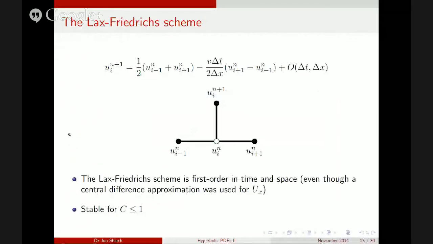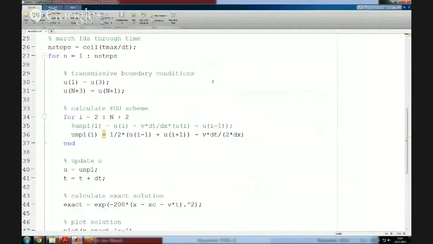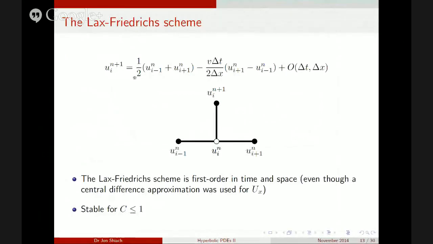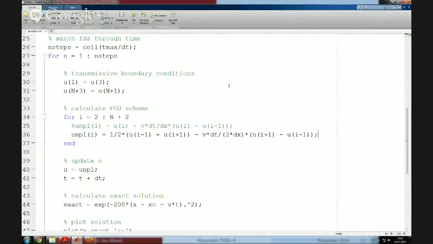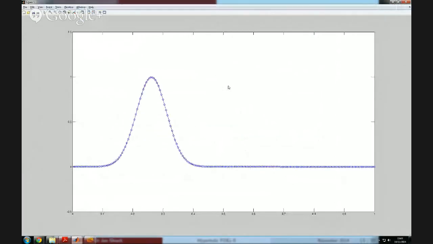So just remembering, b times dt over 2dx times the node to the right minus the node to the left. Hopefully that's right. I'm just going to double check that. So all I've done is type this one in here, all the rest of the program exactly the same. So hopefully, fingers crossed, if I run it, it should work.